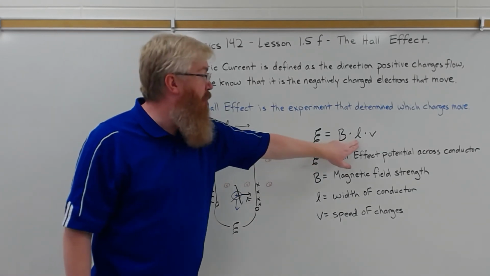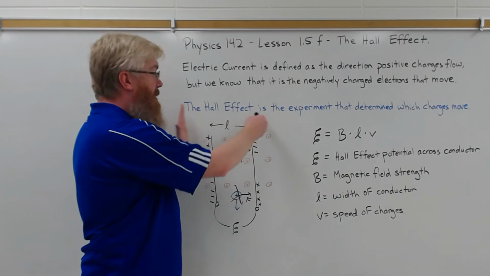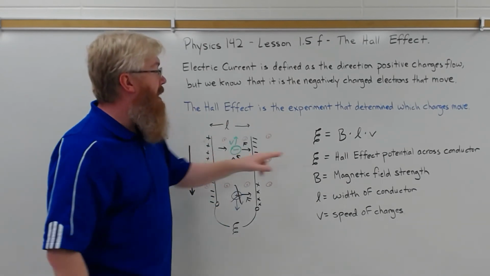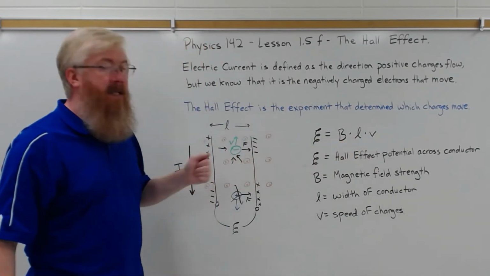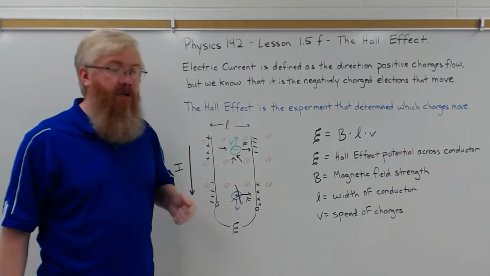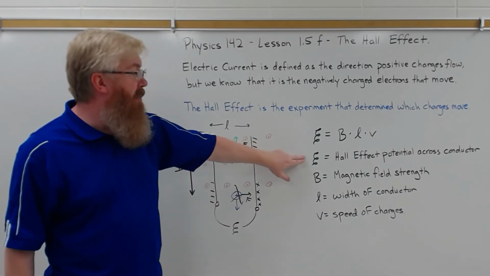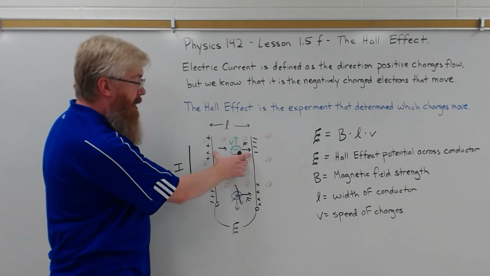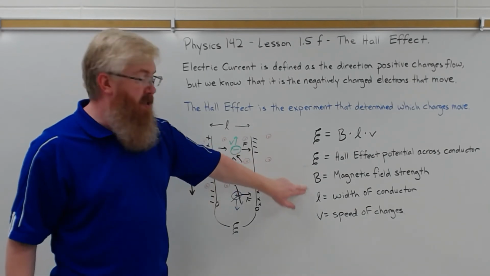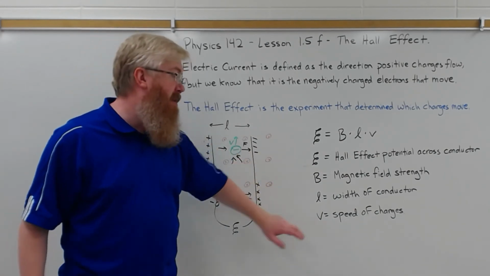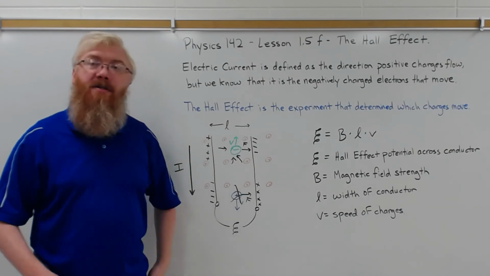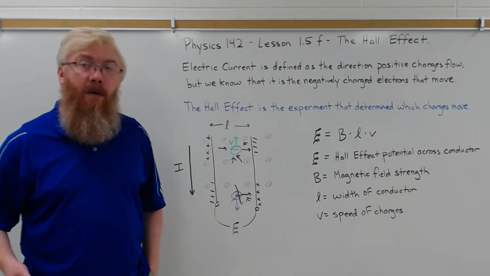It depends on the width of the sheet, and it depends on how fast these charges are moving. So the Hall effect potential across the conductor depends on the magnetic field strength, the width of the conductor, and the speed of the charges. And remember, the speed of the charges is usually very, very slow.